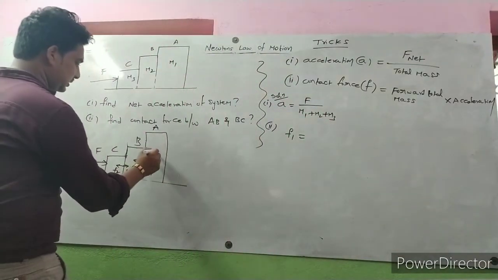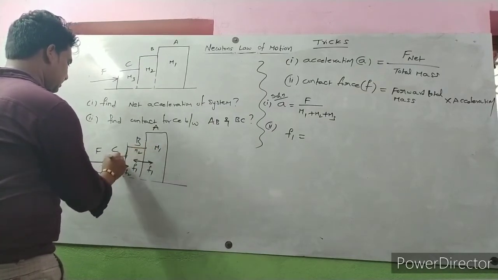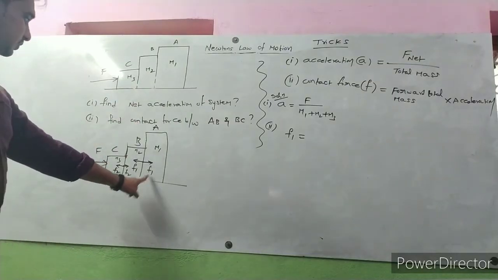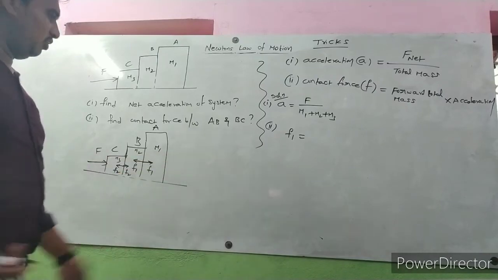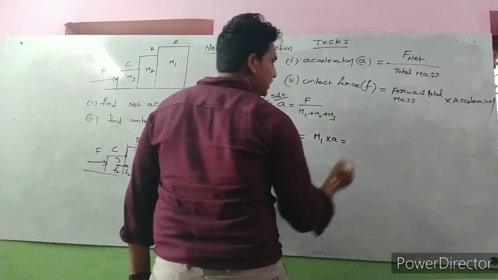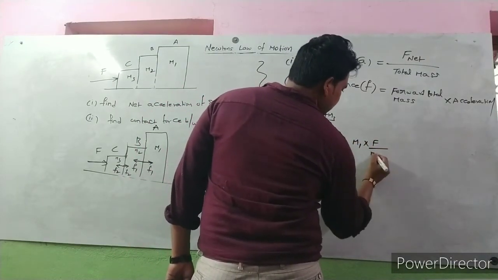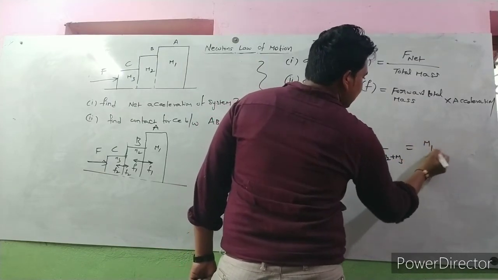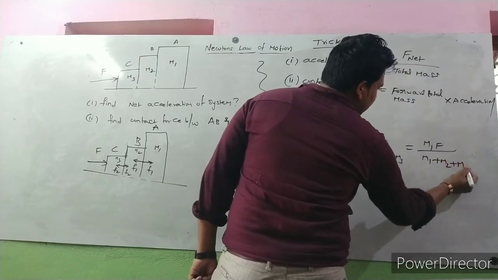What is the forward mass? It is M1 only. So M1 into A, which means M1 into F by M1 plus M2 plus M3.